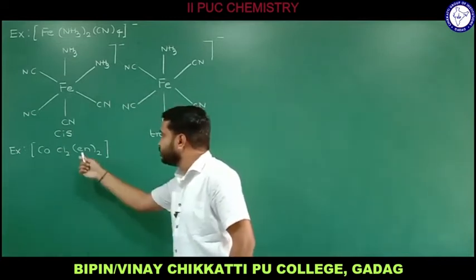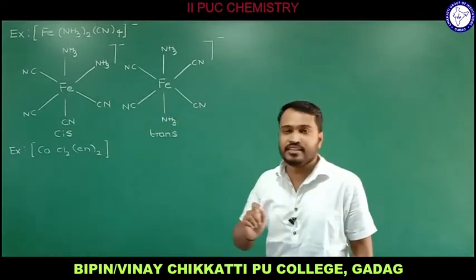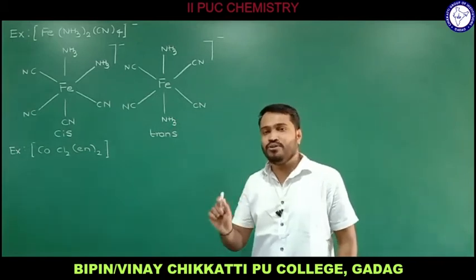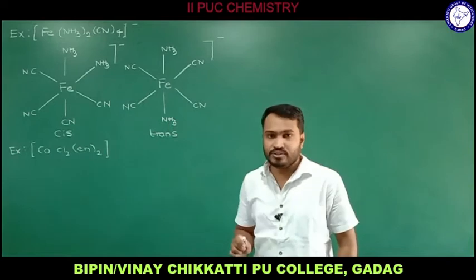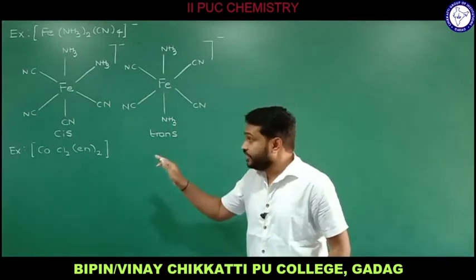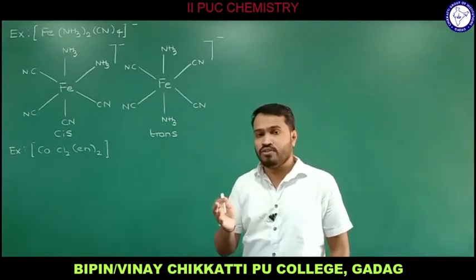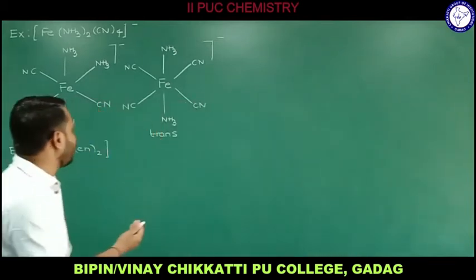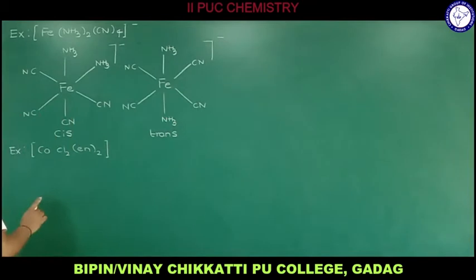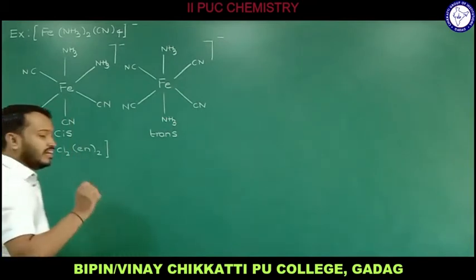Do you remember what en stands for? En stands for ethane-1,2-diamine. This belongs to bidentate ligands, meaning in this structure en has 2 nitrogens containing 2 lone pairs of electrons, which they donate towards the cobalt. Therefore en is a bidentate ligand.